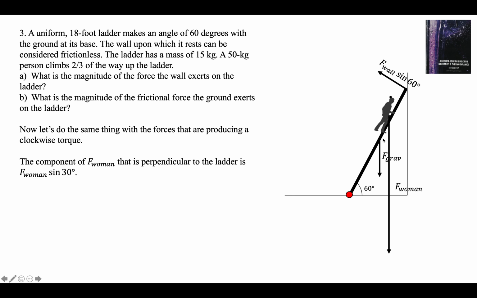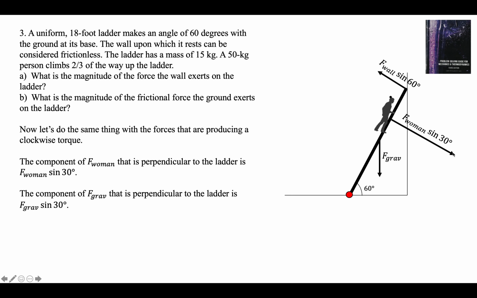If this is 60, that's 30. The component of gravity that's rotating it is the same thing. That's 30 degrees, we want the opposite side, so F gravity sine 30 should be about right there. So now we can see these are the three forces that are rotating the ladder: clockwise, clockwise, counterclockwise.